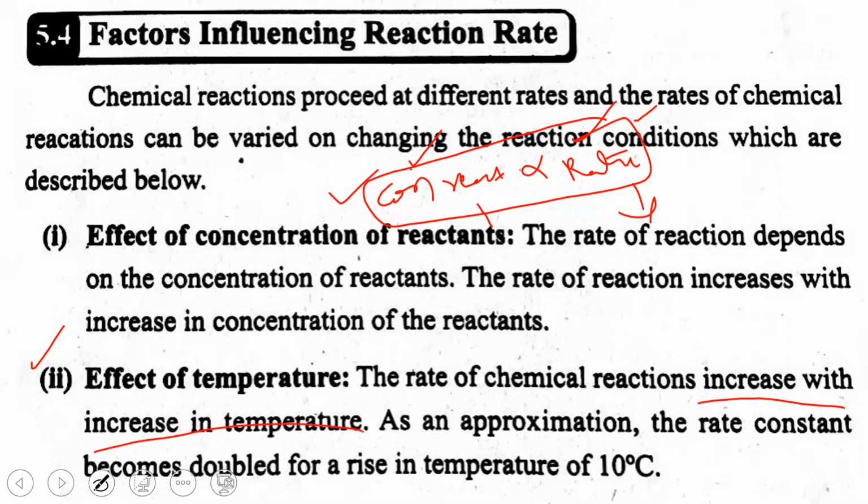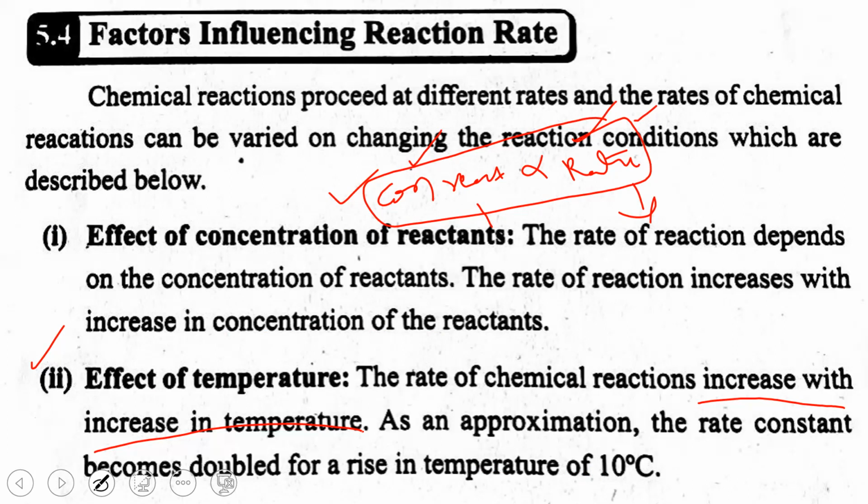If you increase the temperature of the reaction condition, then automatically the reaction goes very fast. Fast means the reaction rate. Rate of the reaction is nothing but speed. Rate means speed. If you increase the temperature, then the rate of the reaction automatically increases.